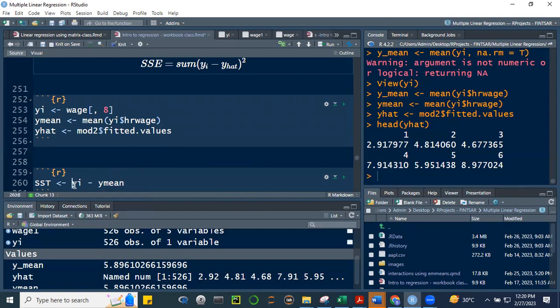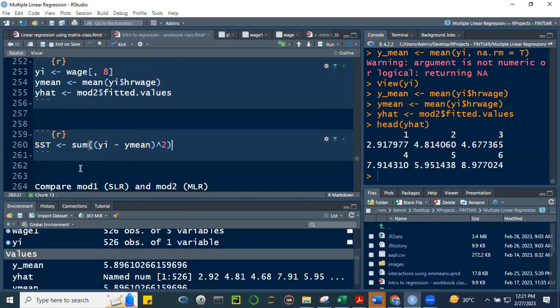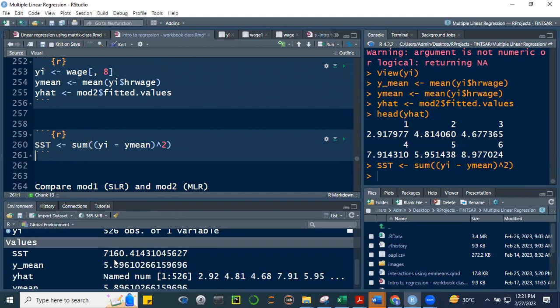And then kaya nga sum of the squares, square natin to. And then, i-add natin. Sum. Okay? So this will be our sum of the squares of your total. Actual value minus the average, square it, and then add natin lahat. This will be your SST. So your SST, sum of the squares of your total, is 7160.